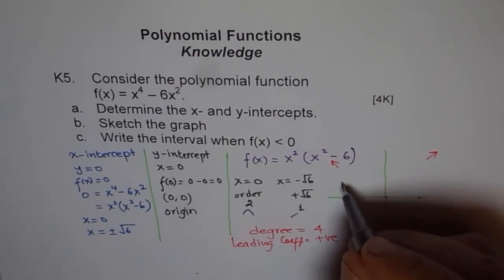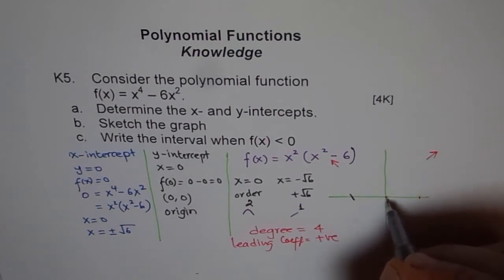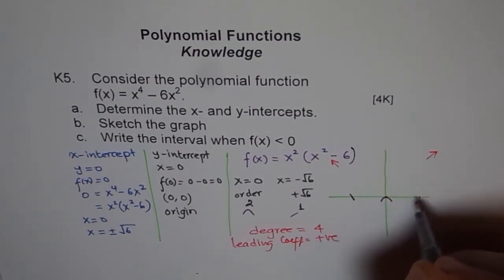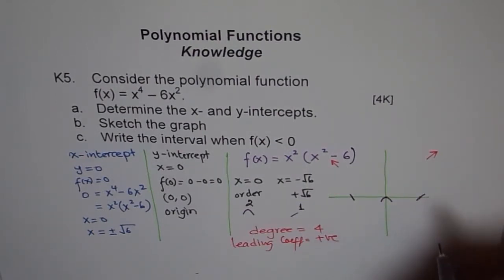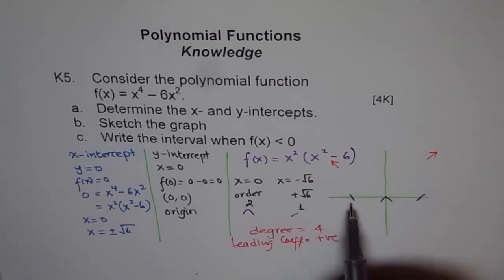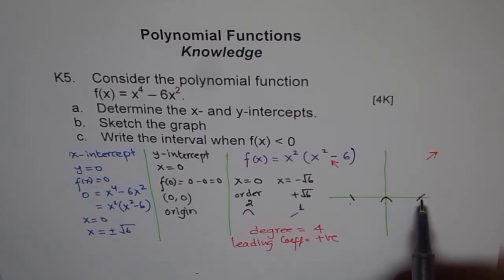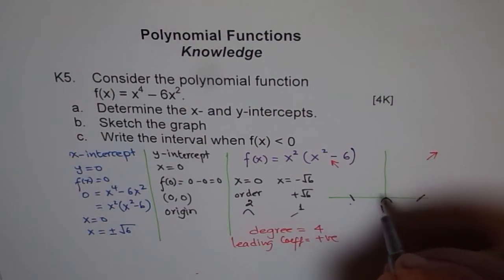At minus square root 6, it has to cross the line. Here, it will bounce back, and here, it should cross the line. Why? Multiplicity is 1, multiplicity is 2, multiplicity is 1. When it is 2, it bounces back. And to draw our graph, let's connect them.